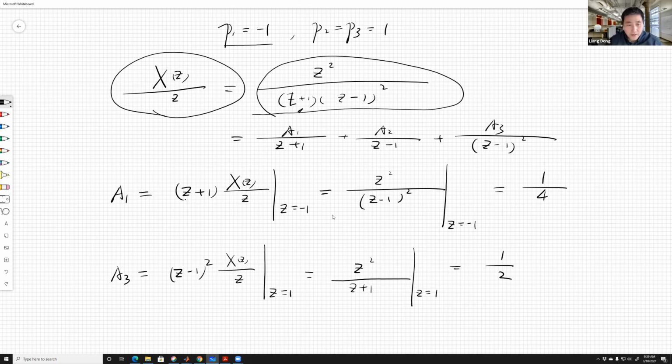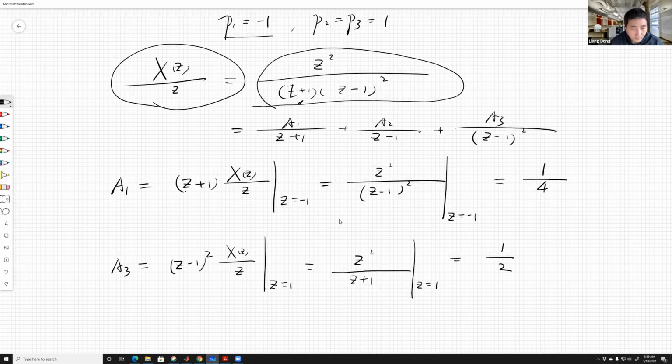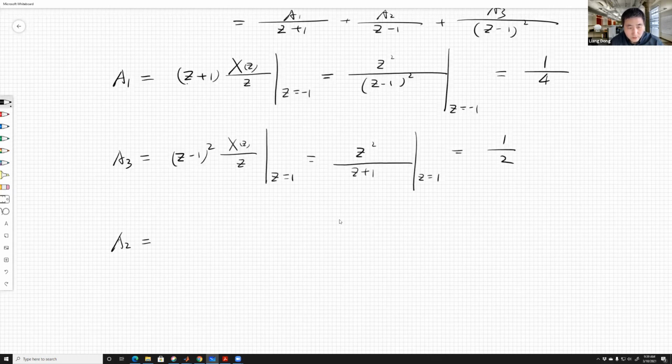And the only tricky part is A2. A2, remember that what we need to do is multiply xz over z by this in order to cancel those poles. But for this term, I only want to check A2. So therefore, I need to do this d over dz. Right?